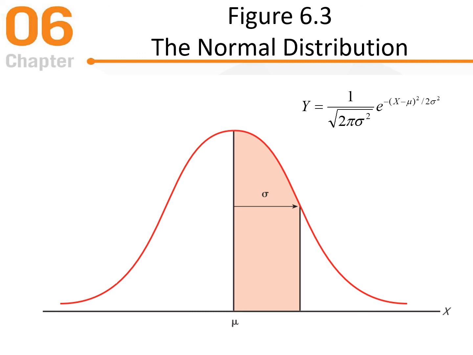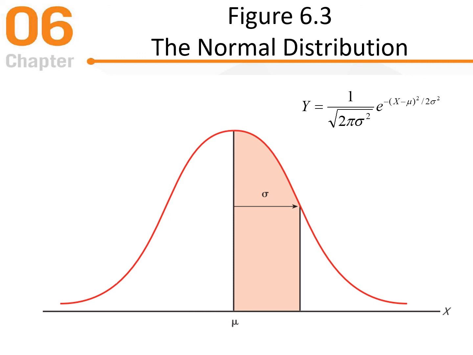All of this stuff has been done for you by a computer, basically. And so these integrations, or these areas under the curve, have been put into a table called the standard normal table, which is in your appendix, Appendix B. And based on that table, you can find the areas instead of actually integrating this complicated equation.